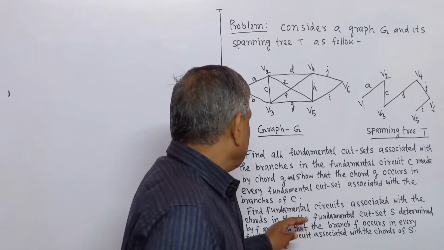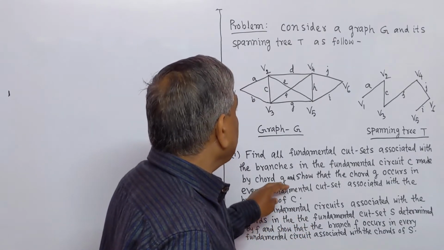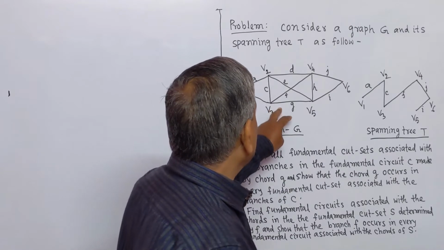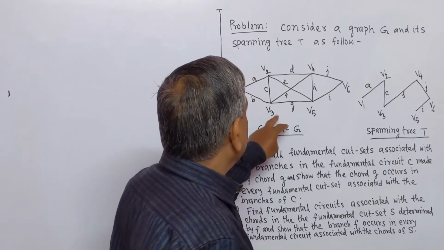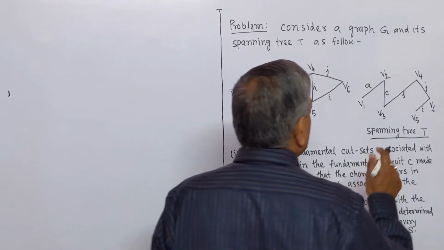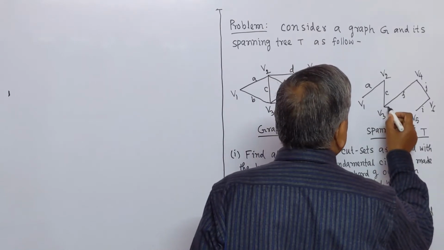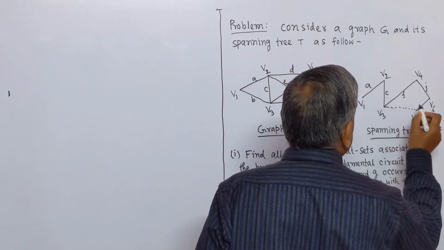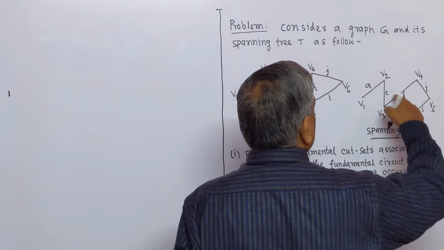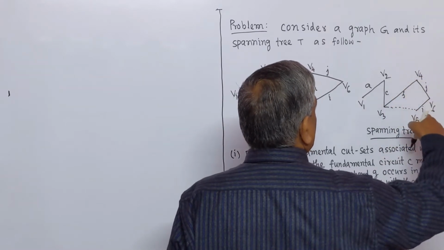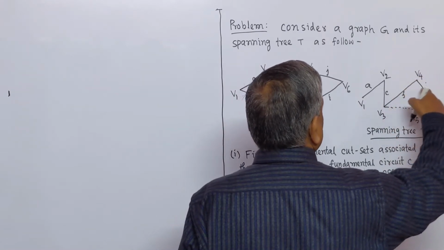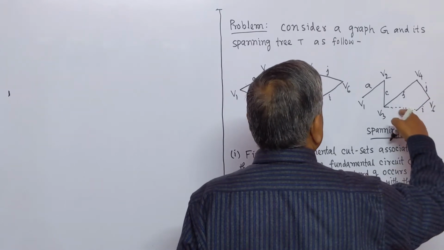Here we include the chord G. Here chord G connects V3 and V5. If we connect V3 and V5, we get the fundamental circuit. This is F, J, I and this is G.